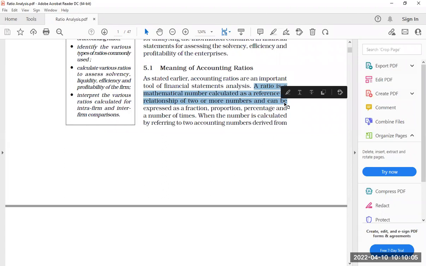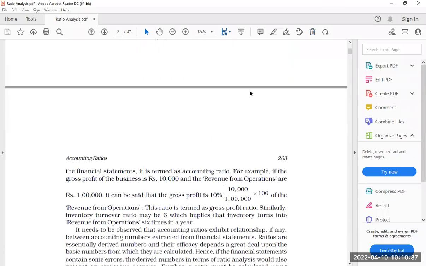So 2:1. 2 times of equity is backing 1 times of borrowings. So this kind of relationship we are going to fix. Okay. So it can be expressed in terms of fraction. 0.2 is the profit. Out of 1 rupee, 0.2 is the profit. That can be a fraction. It can be expressed in terms of proportion, percentage, and just a number. So these are all the various ways in which the ratio can be expressed.